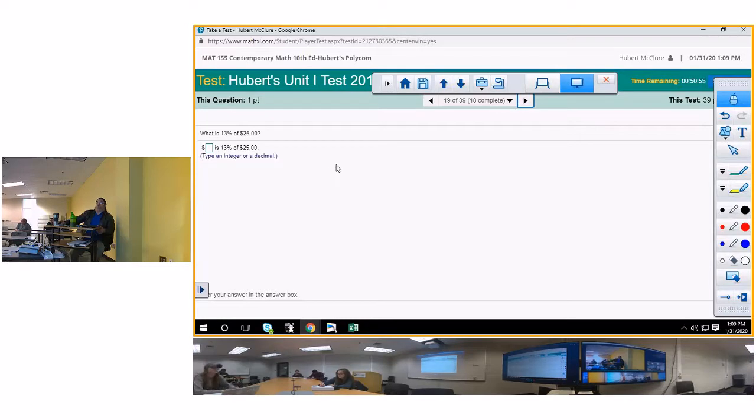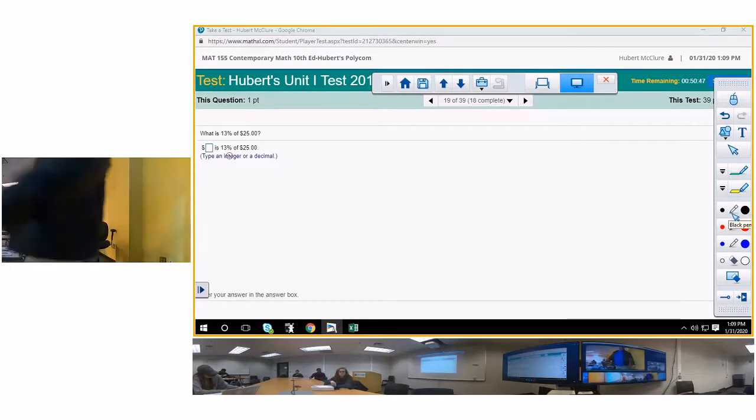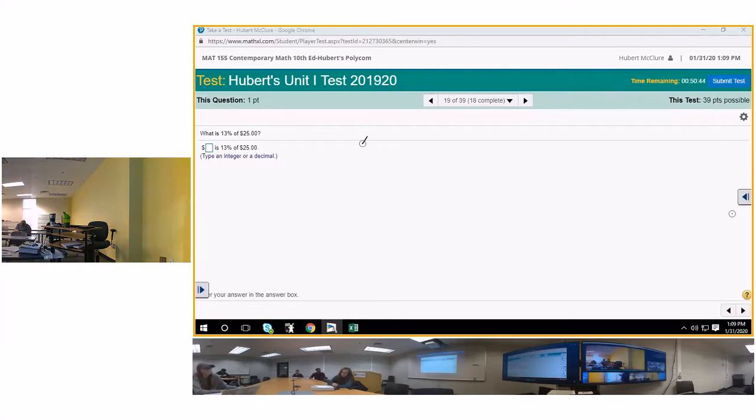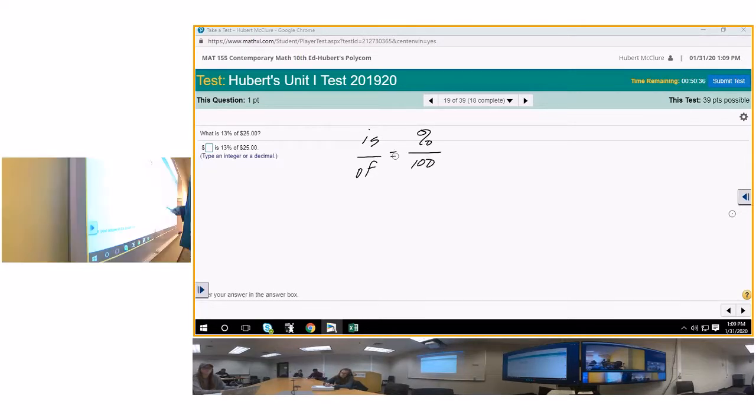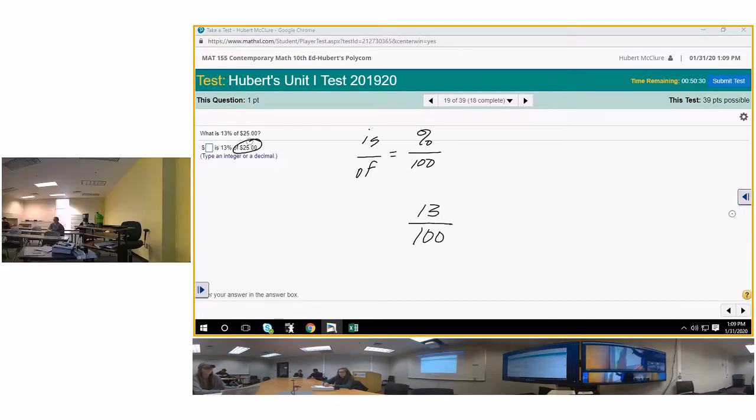What is 13% of 2,500? So we take our handy-dandy is over of, percent over 100. And plug in what? Plug and chug, Hubert. 13 over 100. And what does 25 go with?